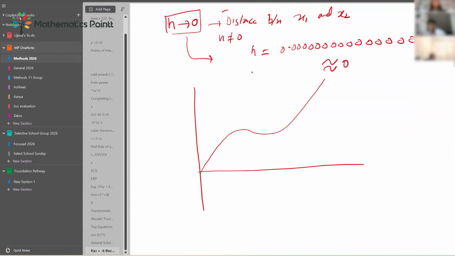That's the curve. That is where my original x1 was.